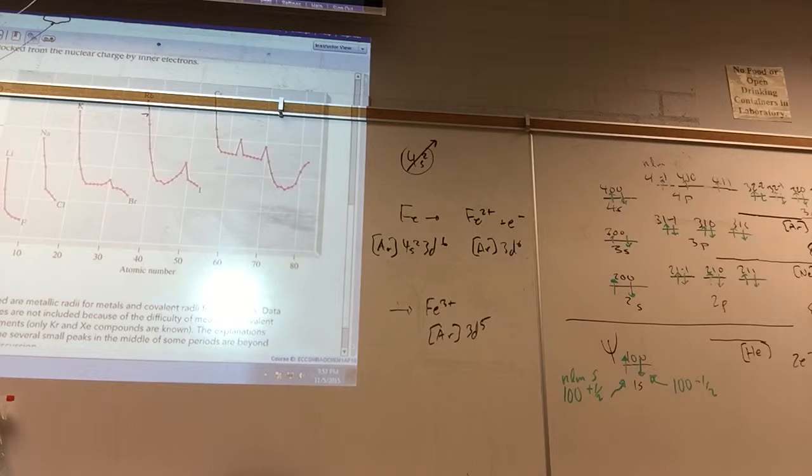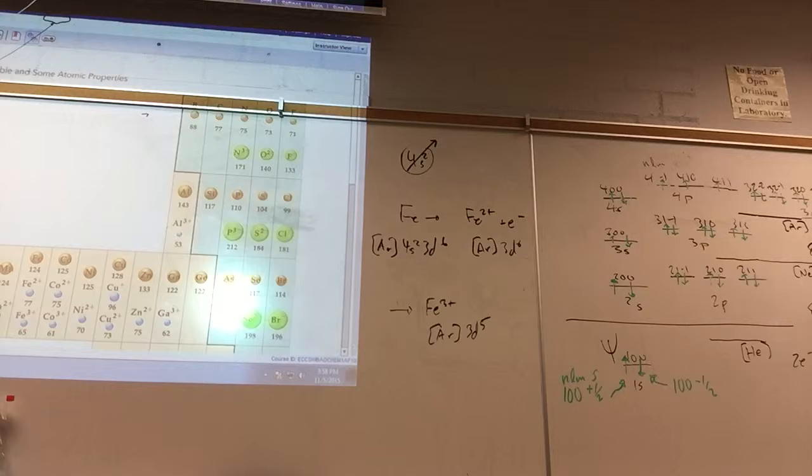Okay, the next thing is this. You know, the size also increases depending on what shell you're at. So when we go from sodium to potassium here, what's happening there? With sodium, we have 11 protons, 10 inner shell, and 1 outer.